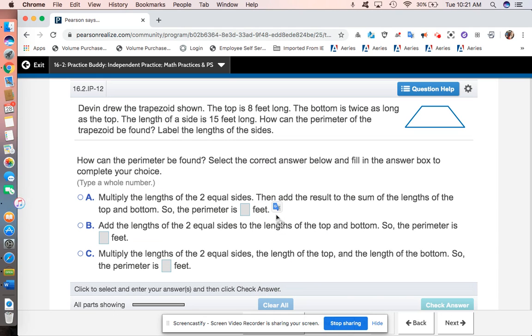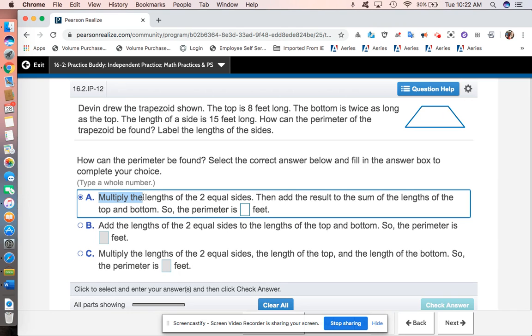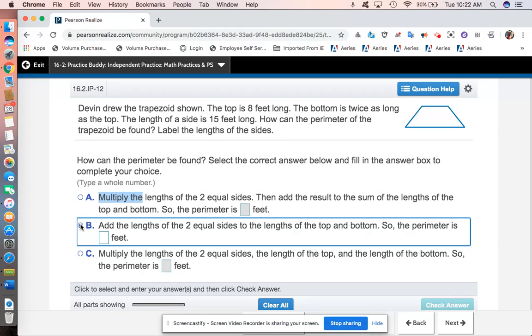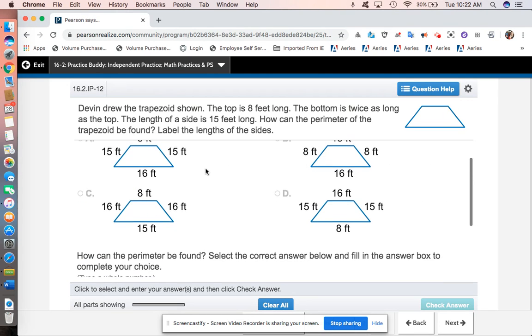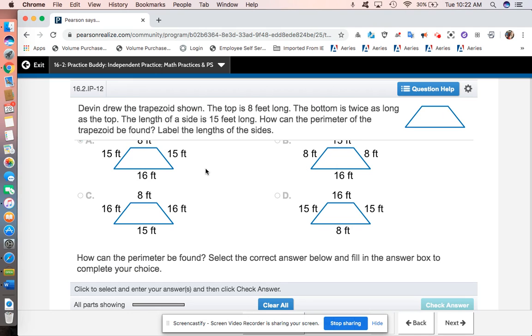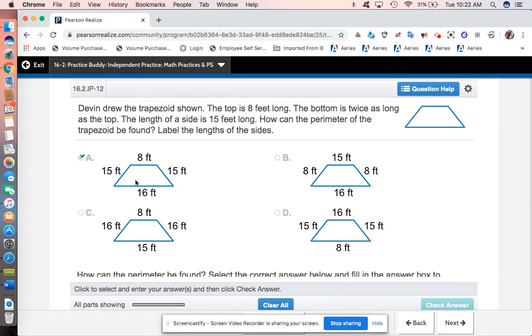How can it be found? Multiply? No, remember we just talked about how perimeter is adding? So we need the verb add. We add the two equal sides on the top. Okay, the sides are 16 plus 16, 32. I'm sorry, the sides are 15. 15 plus 15 is 30.